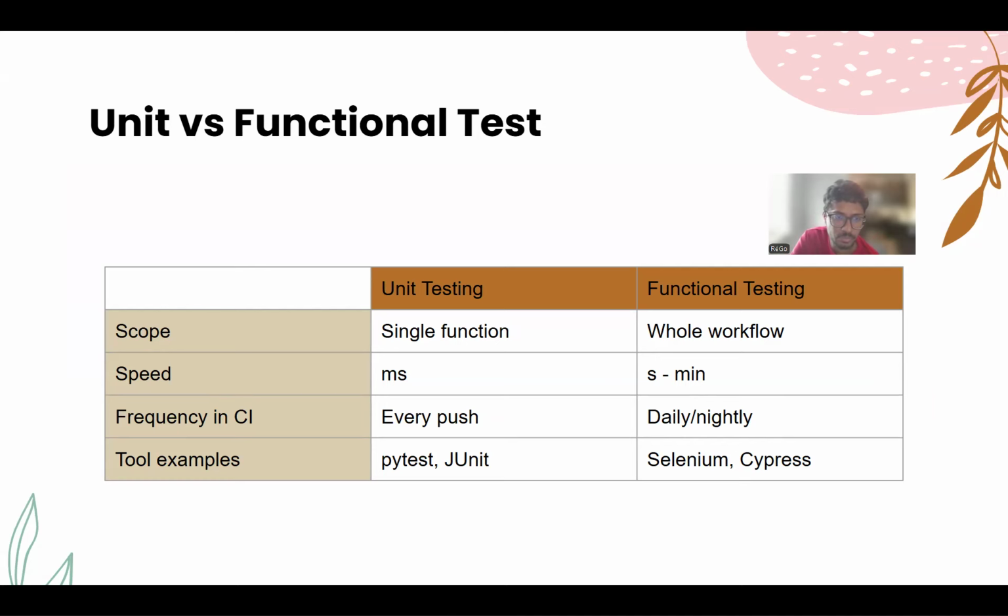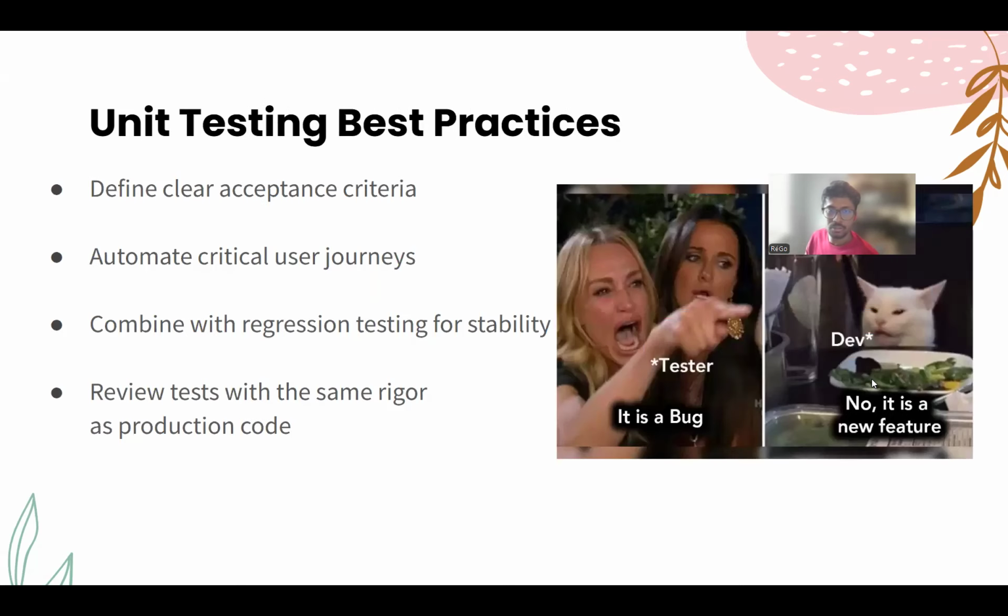For CI, every push you can do a unit test, but it's difficult to do that for functional testing. You can do it daily. Some tool examples for unit testing are pytest and JUnit. For functional tests, Selenium is widely used. Cypress is also there.